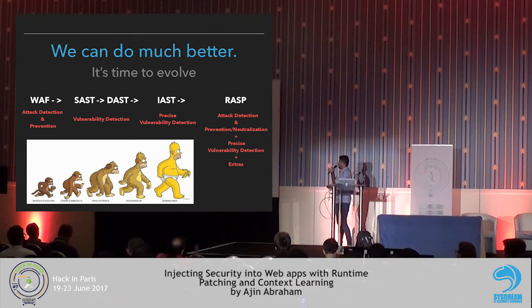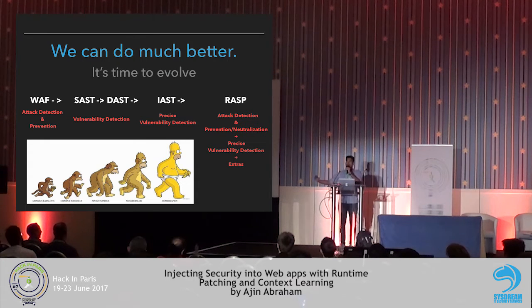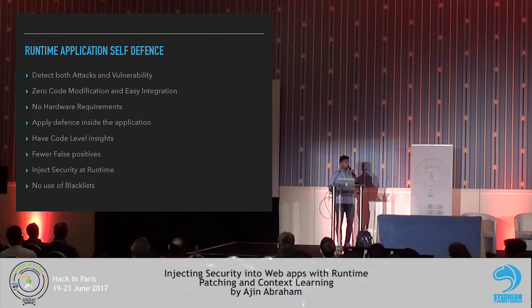And then you have the RASP, which does attack detection, prevention, neutralization, etc. These two are more like AppSec tools, to be used inside AppSec by security professionals. And these are more like a firewall or a protection endpoint, which you use just before your corporate assets.